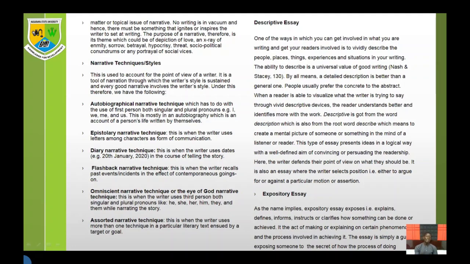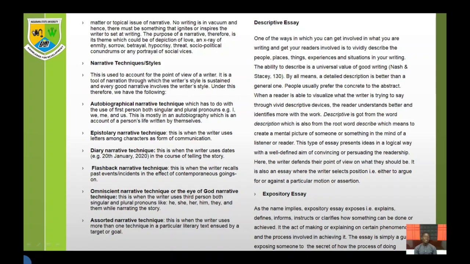People usually prefer the concrete to the abstract. When a reader is able to visualize what the writer is trying to say through vivid descriptive devices, the reader understands better and identifies more with the work.